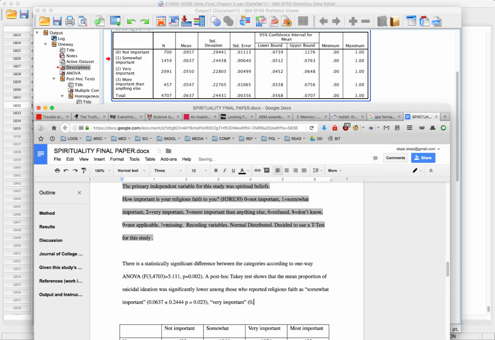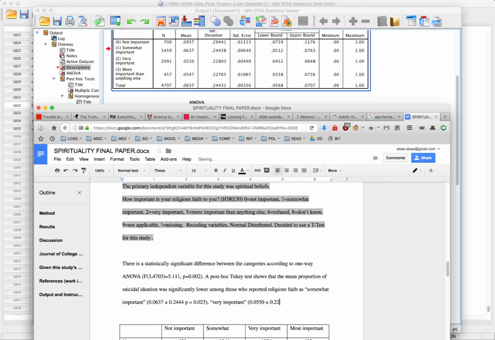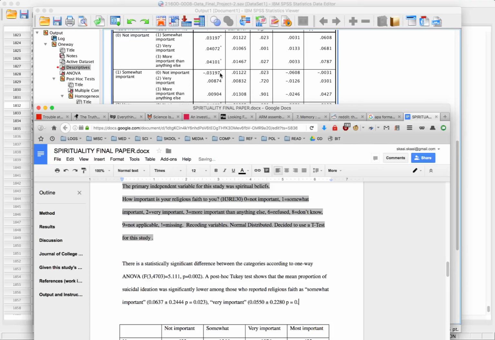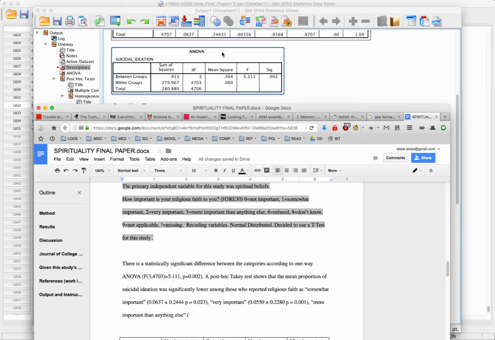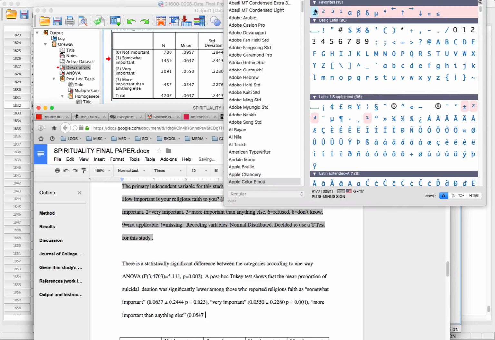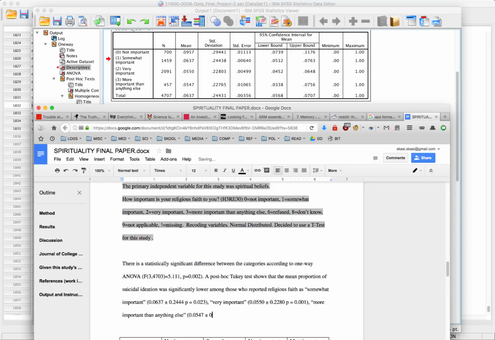Okay, and that's 0.0550. And then we say once again, plus minus 0.2280, and that p-value is 0.001, okay, and more important than anything else, and that mean value is 0.0547, plus minus 0.227665.